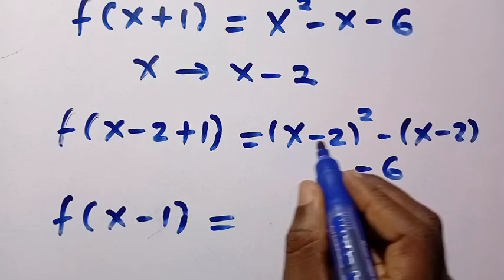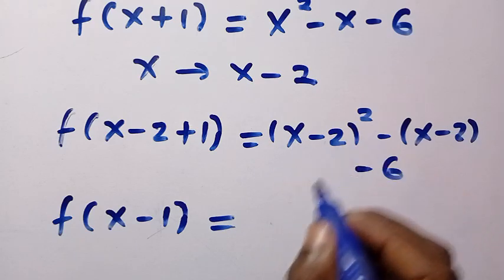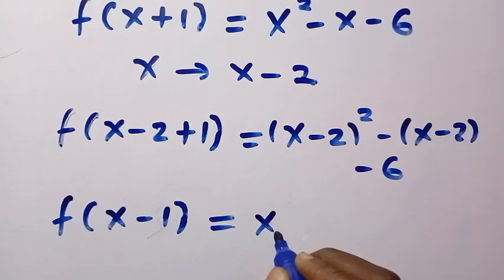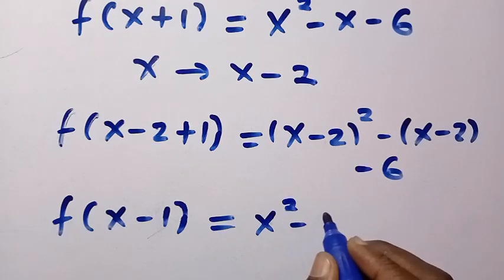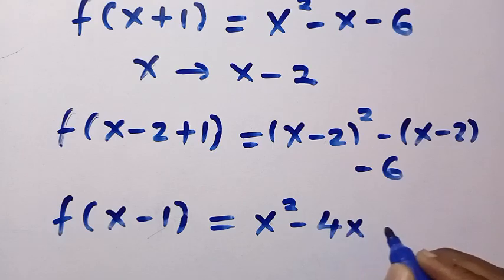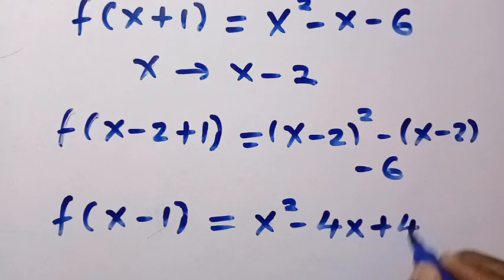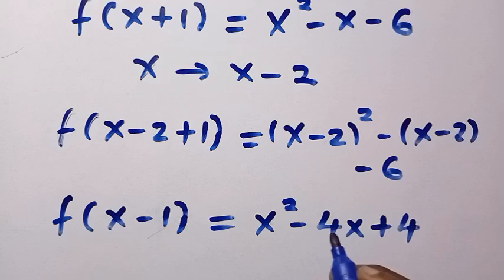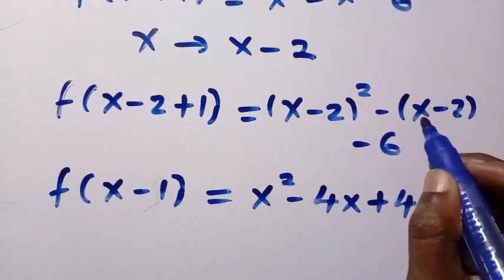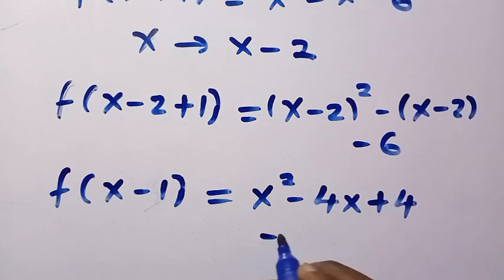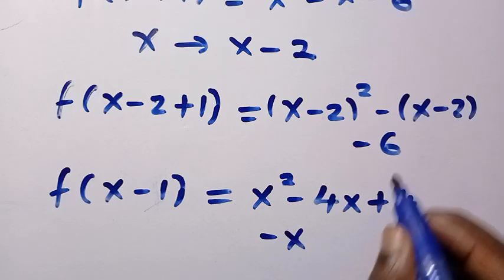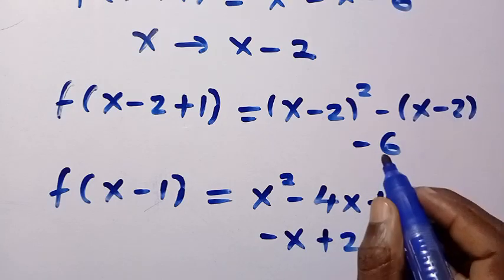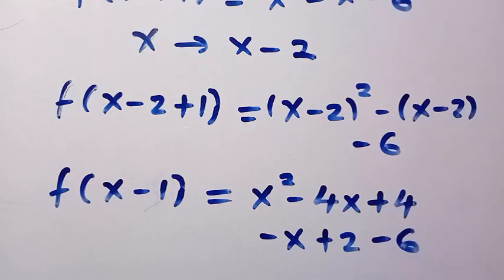When we expand x minus 2 squared, we have x squared minus 4x plus 4. Then minus times x gives us minus x, then minus times minus 2 is plus 2, and we have minus 6.